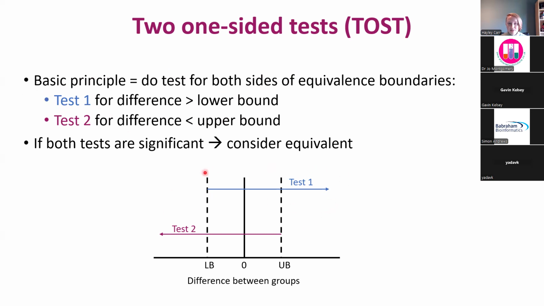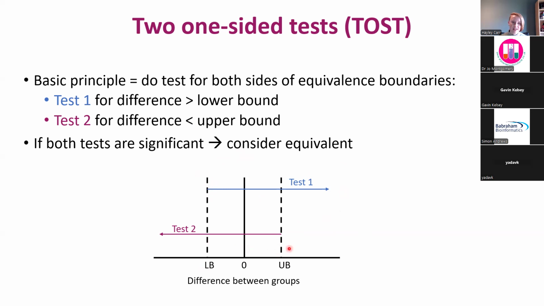So test 1 will test for a difference that is greater than the lower bound. So if we look on this little diagram here, this is the difference between the groups. If they're exactly the same, they'll obviously have a difference of 0. And we've set our lower bound and our upper bound for our equivalence boundaries. So test 1 tests that it's greater than the lower bound.